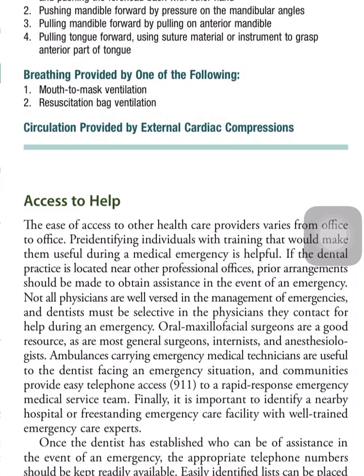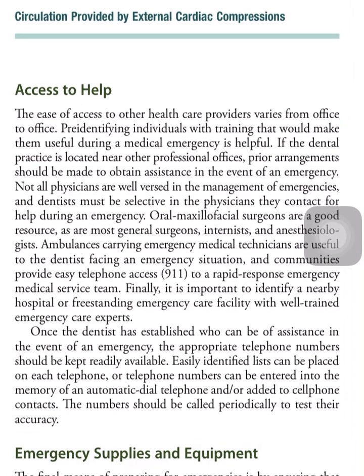The next thing is access to emergency help. I will make it shorter for you. We have to pre-arrange emergency contacts, like the oral surgeon, medical doctors, a nearby dentist, ambulance, hospital, or emergency clinic nearby.